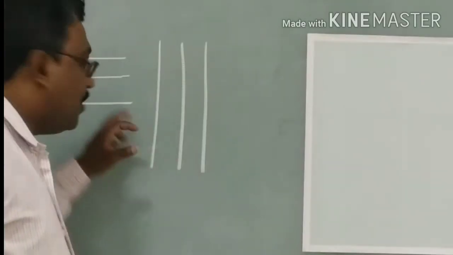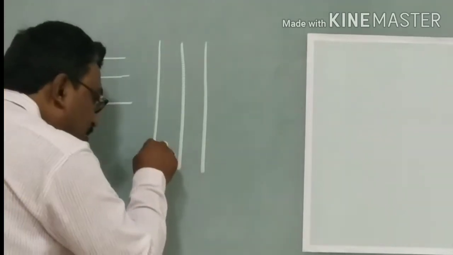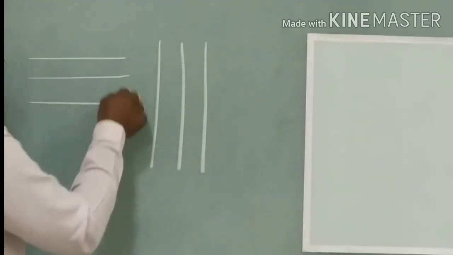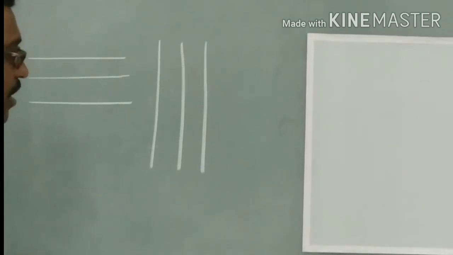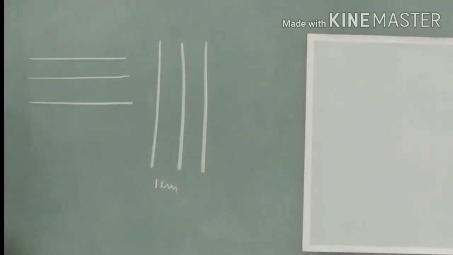Vertical lines and horizontal lines will be there. And the distance between two vertical lines or two horizontal lines is 1 centimeter in our measuring scale.